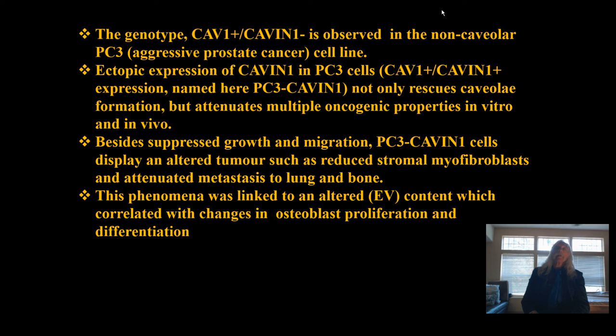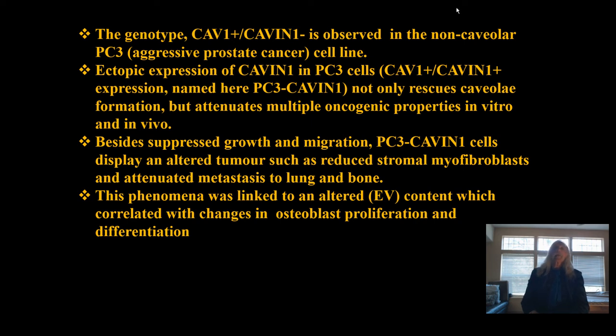Now, besides suppressed growth and migration, the PC3 cavin-1 cells display an altered tumor, such as reduced stromal myofibroblasts and an attenuated metastasis that goes to lung and bone. These are obviously animal studies.